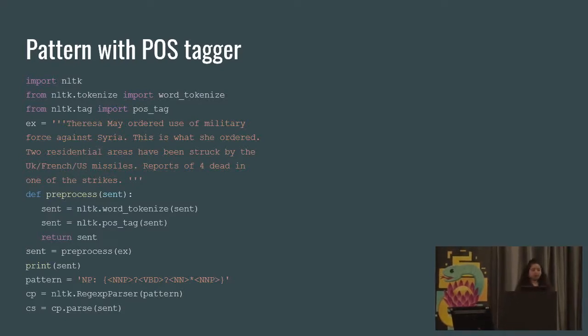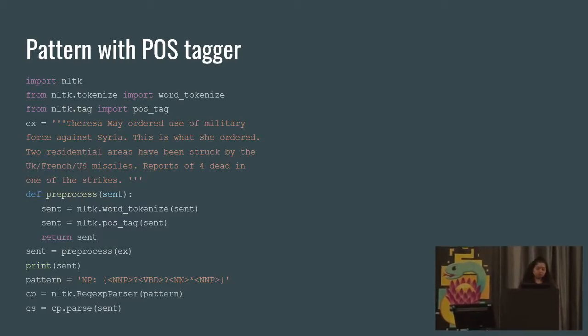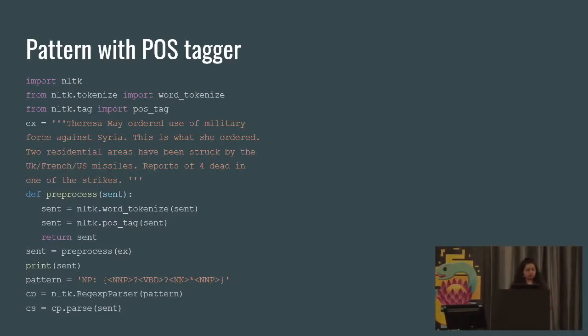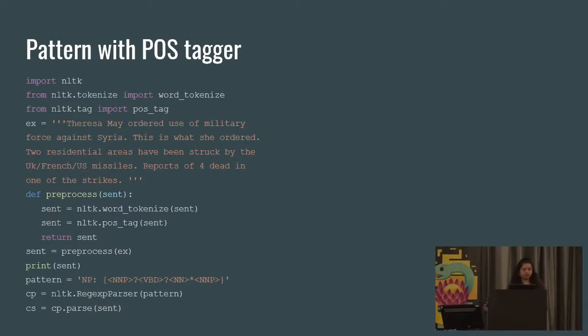To look for patterns where the entity is being blamed or there is an intention, you look at the sentence and you try to see if it fits a particular pattern. The pattern that I've used over here is a very simple pattern. It's just a noun, a verb, and the event that has occurred.